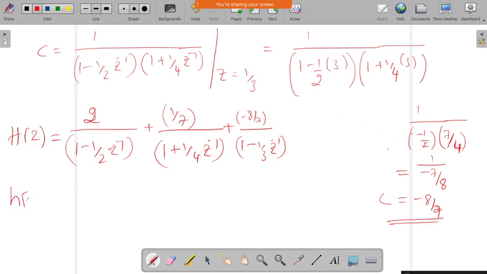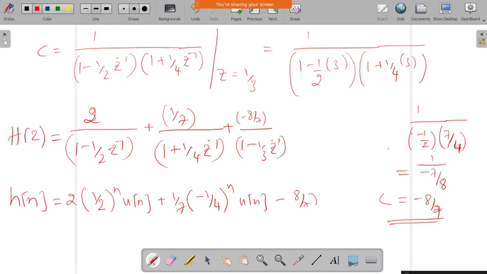Now we can find h of n, which is 2 into half power n into u of n plus 1 by 7 into minus 1 by 4 power n into u of n minus 8 by 7 into 1 by 3 power n into u of n.